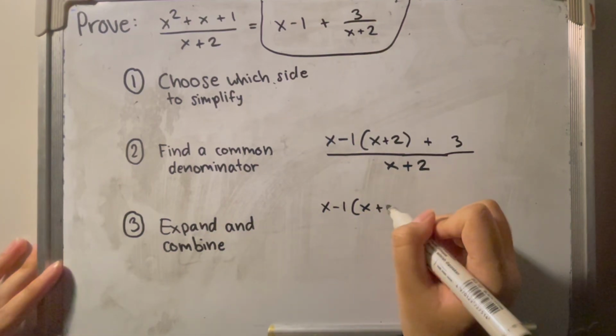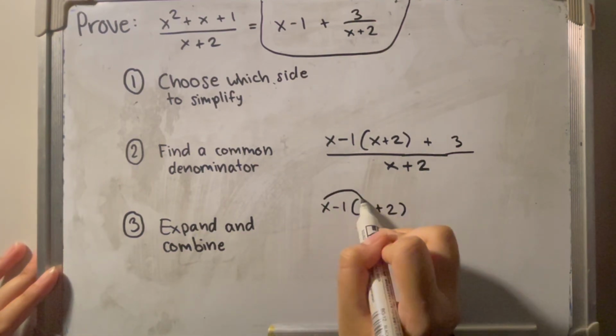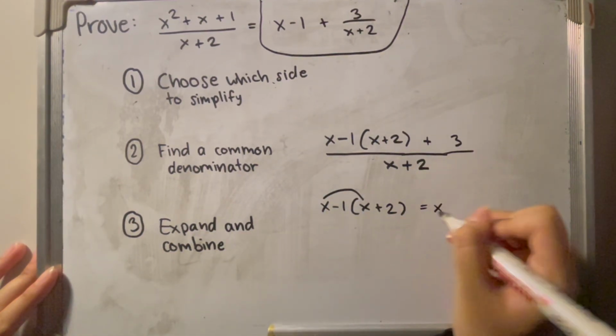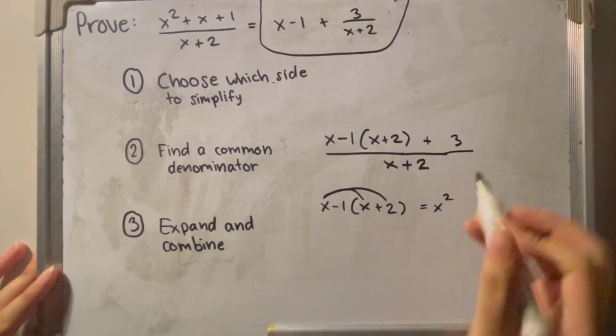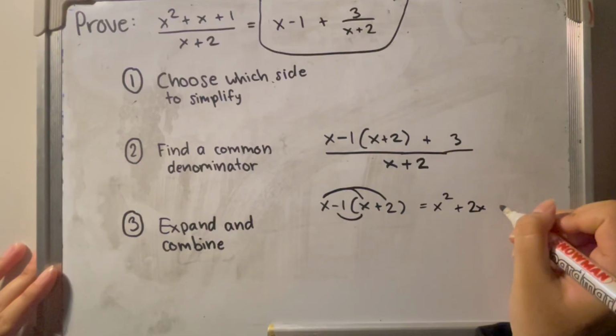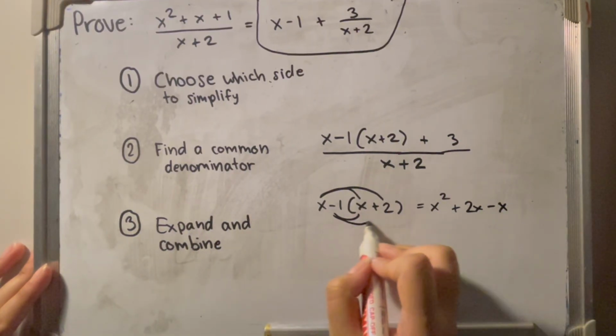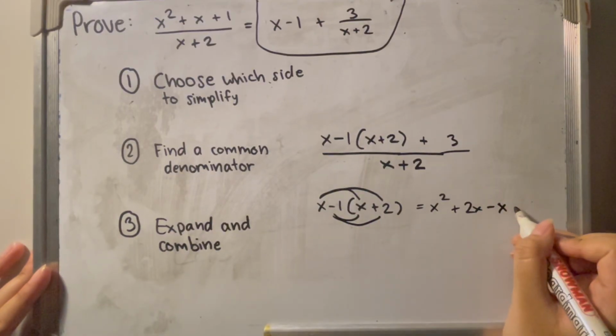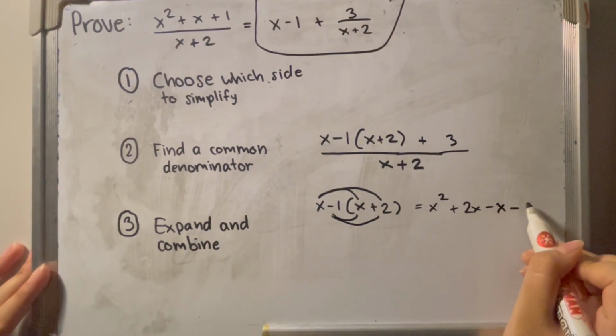x minus 1 times x plus 2. So with the FOIL method here, this is x squared, this is 2x, and then negative 1 times x is negative x, and then negative 1 times 2 is negative 2.